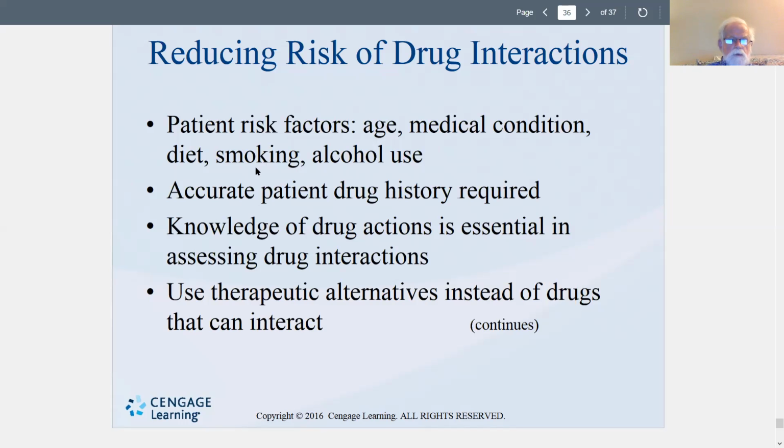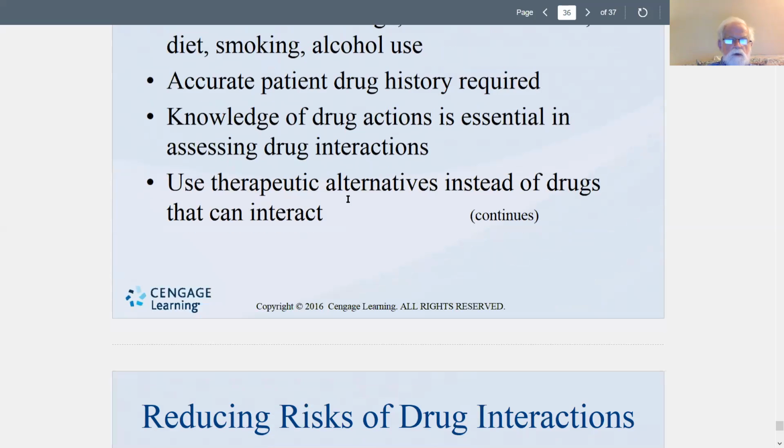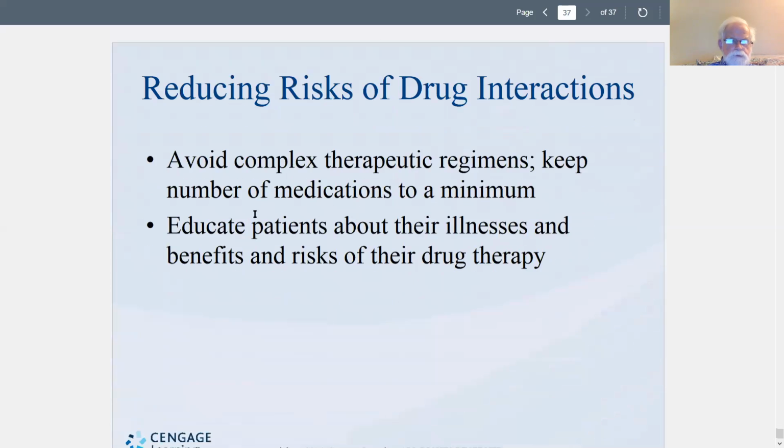And so part of what we do with patients that have risk factors like age, medical condition, et cetera, is look at therapeutic alternatives. We need to avoid complex regimens. That's easier said than done.